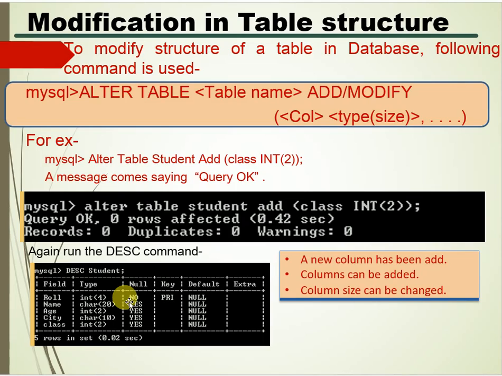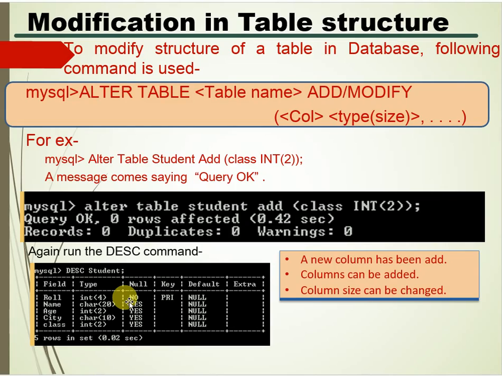So the command is alter table, then the name of the table, and then there are two keywords, add and modify. Either one you can use: if you want to add new fields in the table structure, you use add, or if you want to make changes in existing fields, you use modify, like you can increase the size of the field.